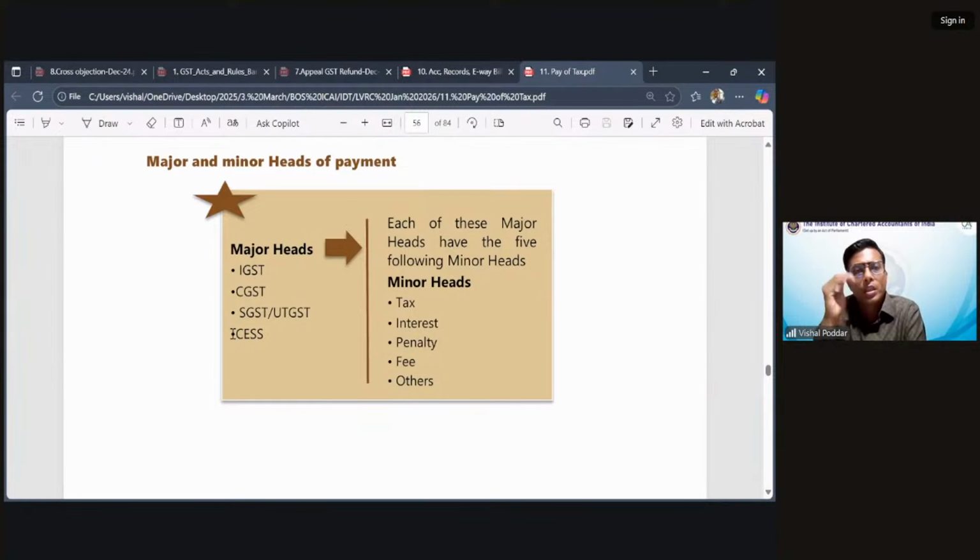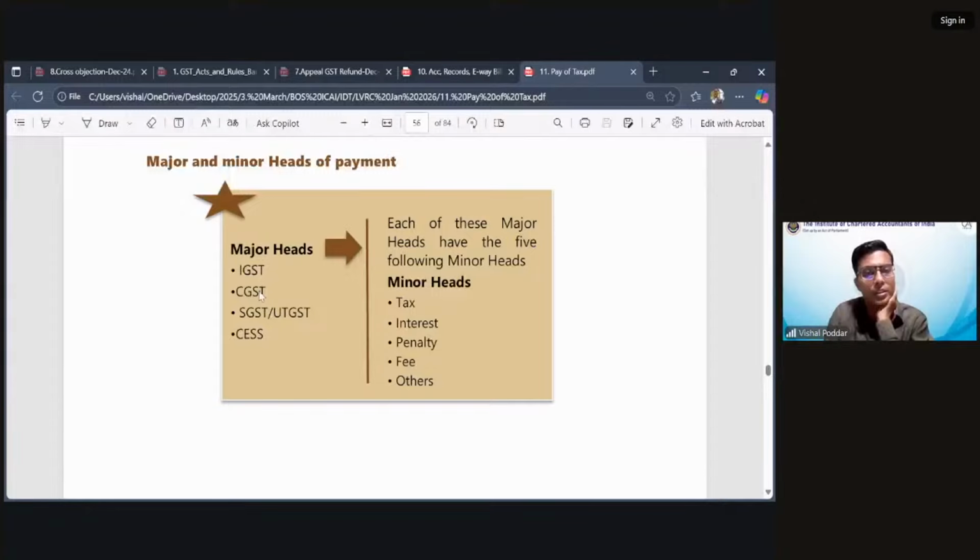Next, this cash ledger in the GST portal is divided into, you can visualize it, columns and rows. The major heads are the taxes: IGST, CGST, SGST, UTGST, and the cess. The minor heads are under each heading. Under the IGST heading, you have the subheadings of tax, interest, penalty, fees.